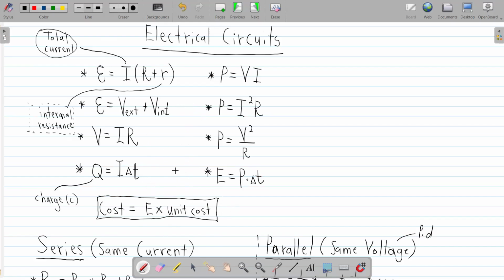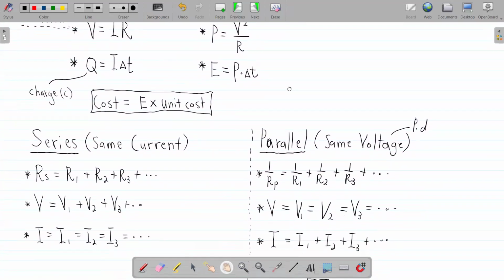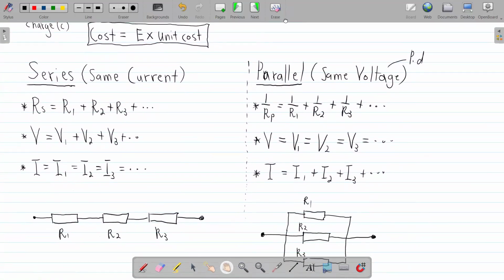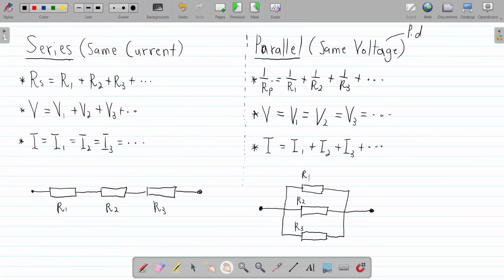And then the other thing about electric circuits is that you should know the difference between parallel and series. In series, you can see the resistors are connected one after the other.